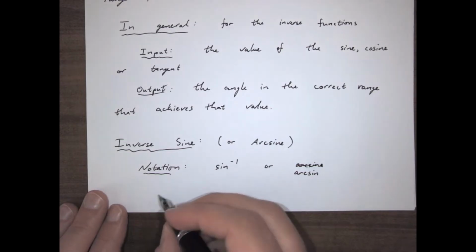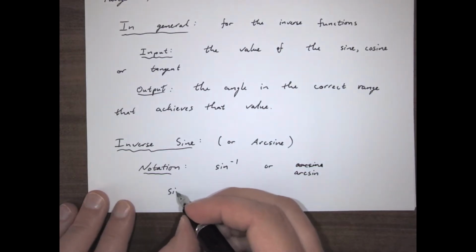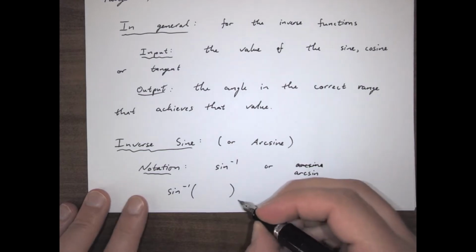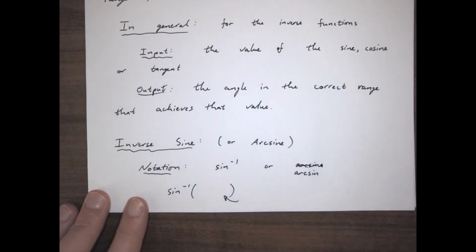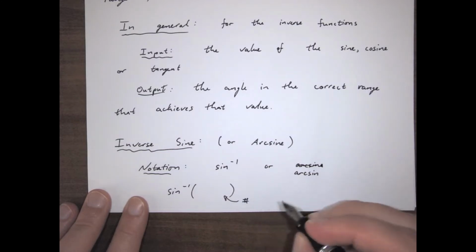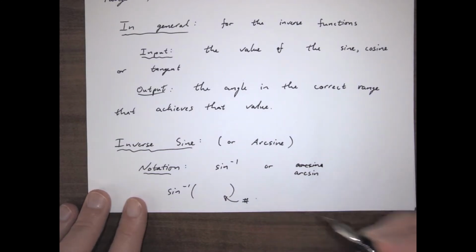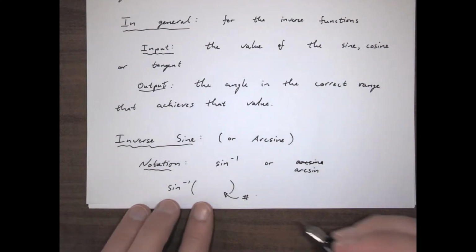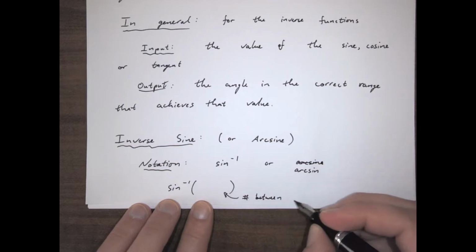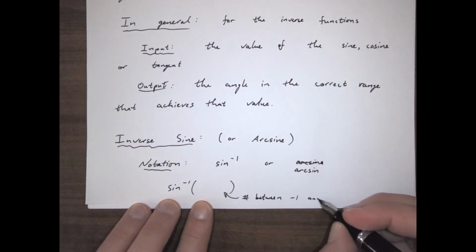So then, sine inverse, you put in right here, in goes the number, and it represents the sine of an unknown angle. So this is a number between -1 and 1.